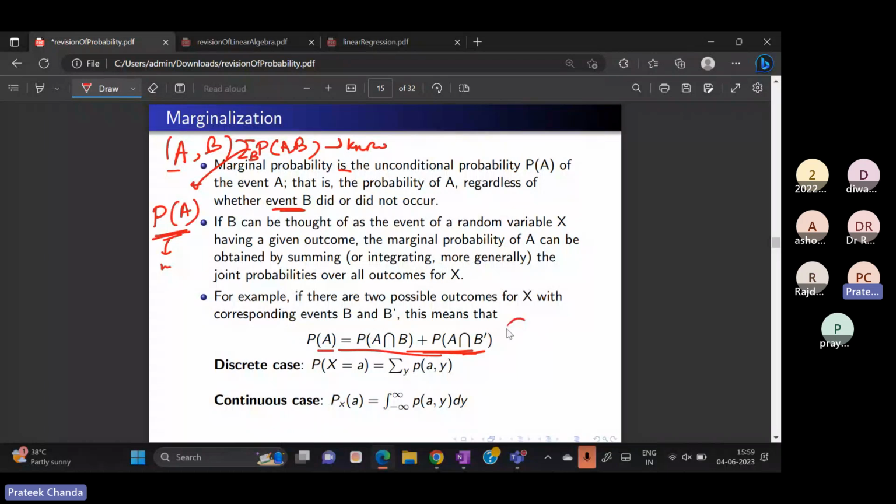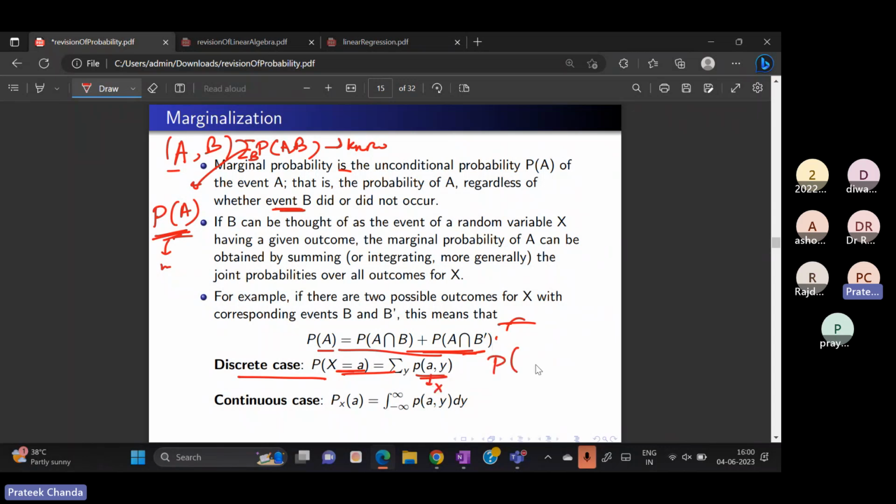You can also draw a Venn diagram to verify this. The other thing is, for the discrete case that I showed you here, the probability of x equal to a is the joint distribution p where x takes value a, summed over all values of y.